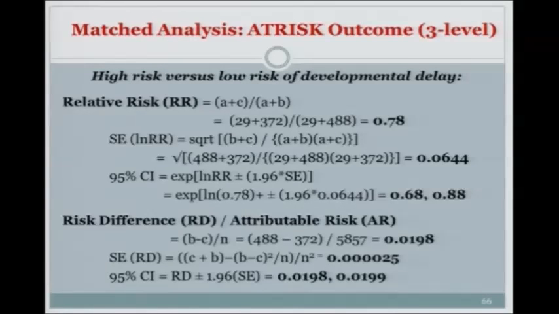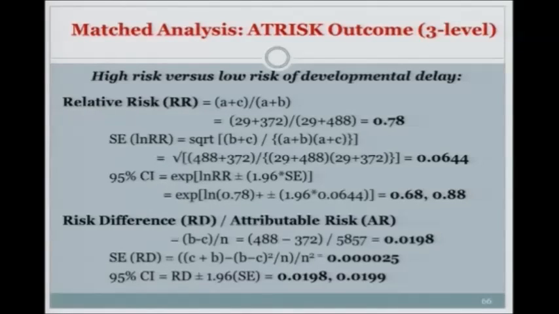Okay, so I used the equations and calculated a relative risk of 0.78, meaning that those children who were breastfed had a 22% lower risk of high developmental delay. This is high versus low, with confidence intervals from 0.68 to 0.88.